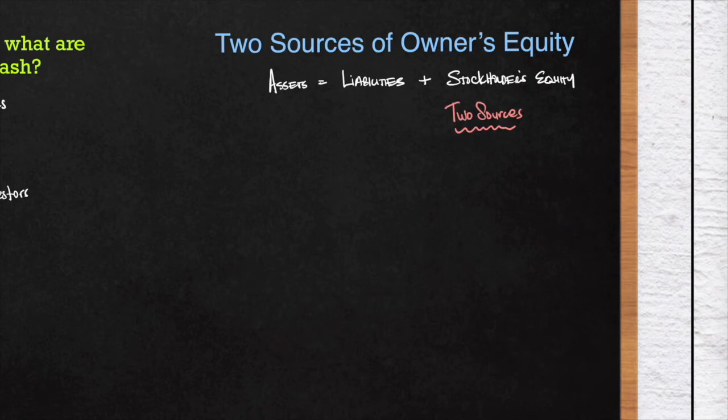The first section is the retained earnings. This balance right here is coming from your retained earnings statement. And in reality, retained earnings is your earnings minus your dividends.